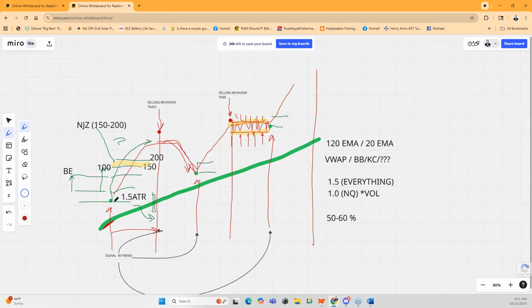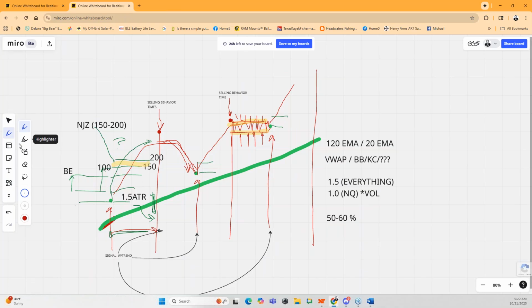Let's say our dot line is down here somewhere, and it closes below our moving average, we exit with a loss. If it closes below or above in the other direction, it cancels out the trade. That's a signal with trend.